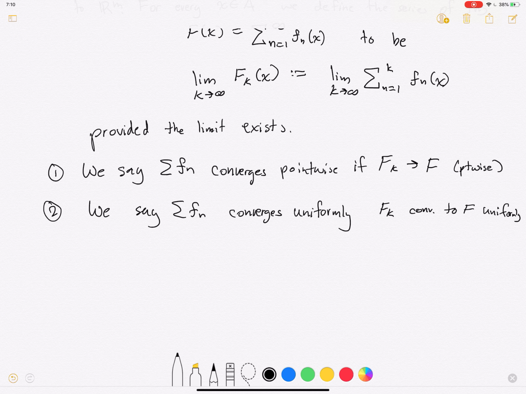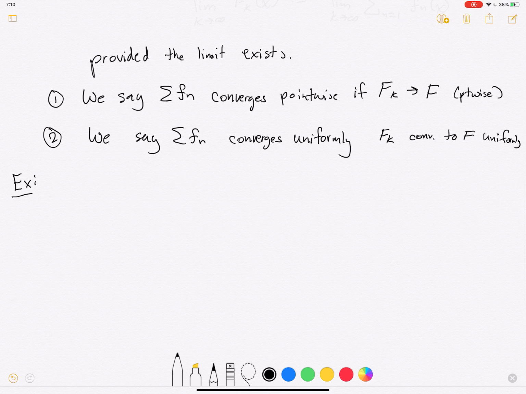All right, now let's look at an example of a series of functions. Take for example the sum k equals 0 to infinity of x^k over k factorial. This might look familiar, but if it doesn't, it will soon.